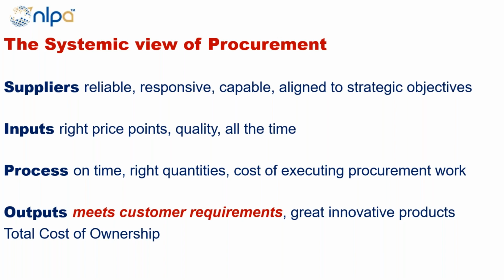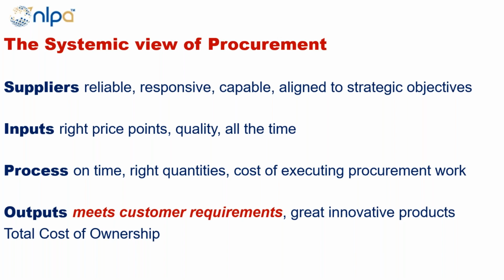We must assure, as procurement professionals and supply chain practitioners, that we have reliable, responsive, capable suppliers who are aligned with our strategic objectives, who are responsible for delivering high quality inputs at the right price points consistently, all of the time, not some of the time.